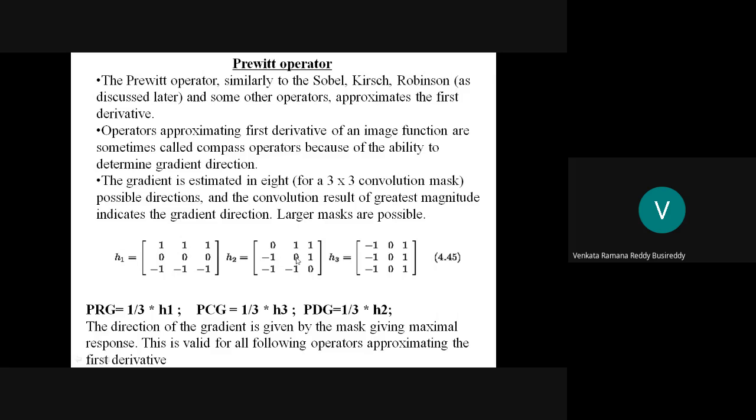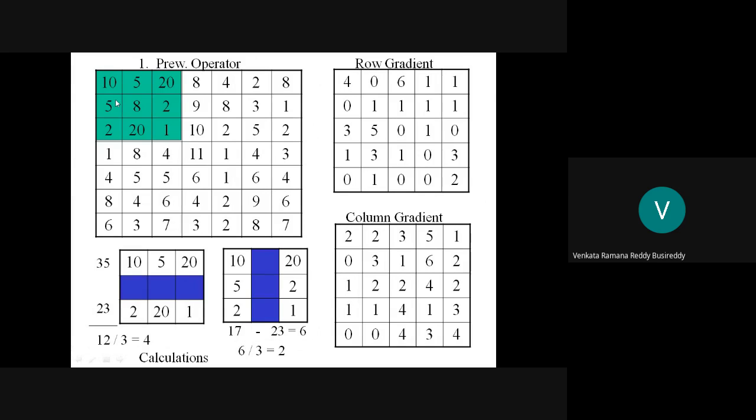If I apply the diagonal one, I will get vertical edges, something like that. I do multiplication and change the internal value. I move this mask, multiply all these values and change the next value. Similarly, I apply it on the whole image and I get this. Similarly for the columns.